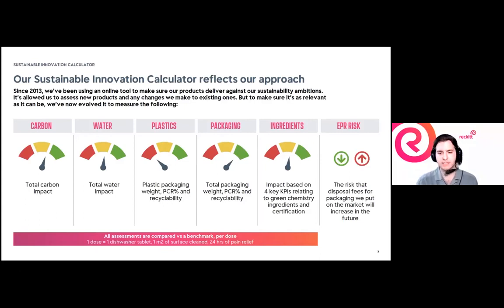But we also assess that on a dose basis. So a dishwasher load or a meter squared of surface clean, for example, or 24 hours of pain relief. So that allows us to compare like for like and really show progress over time in terms of our innovations.